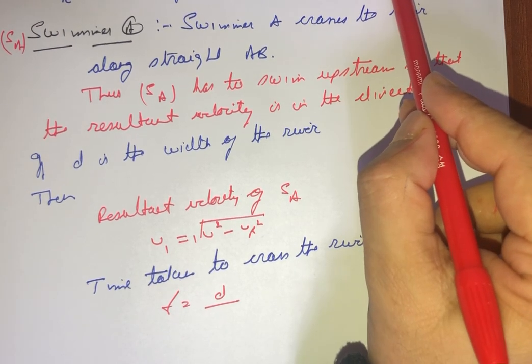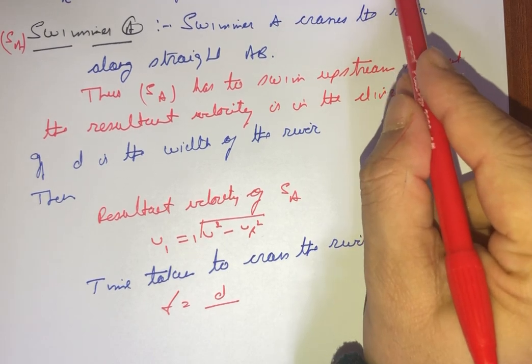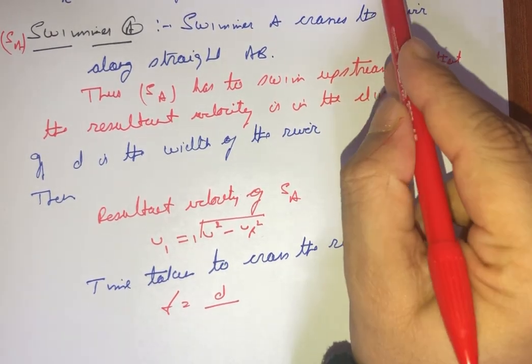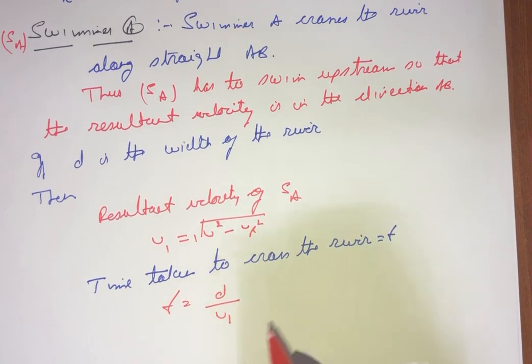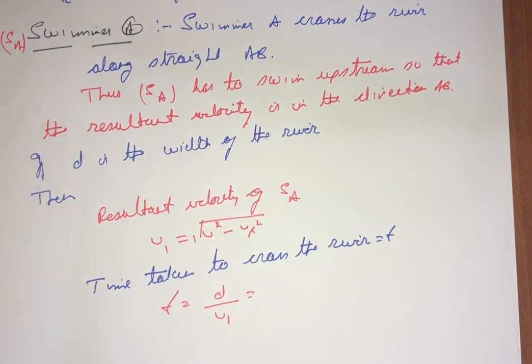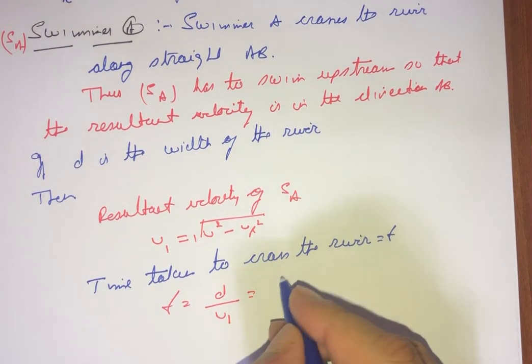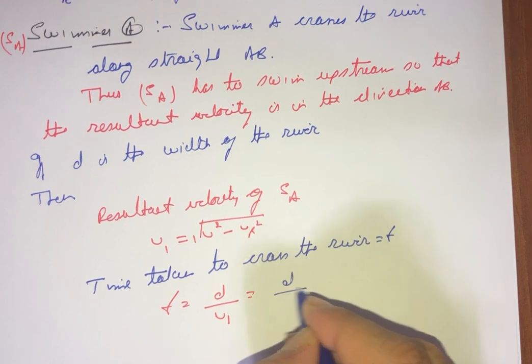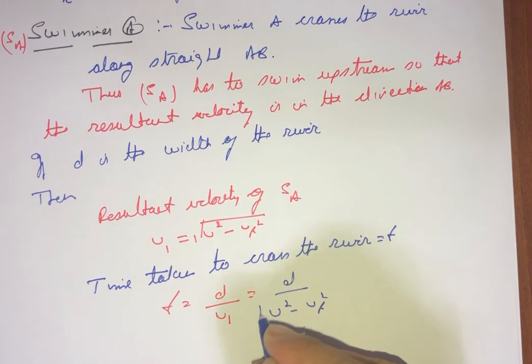Okay, so the effective velocity that will be helpful in crossing from point A to point B will be v1. So we can substitute the values, d divided by the square root of v square minus vr square.